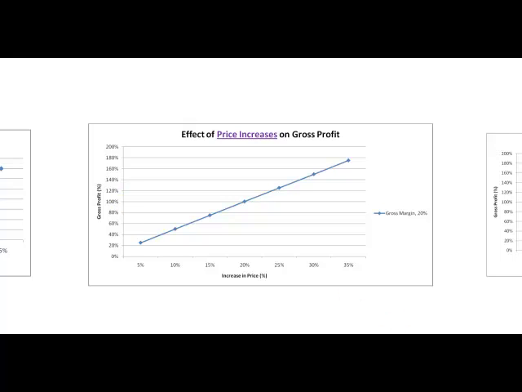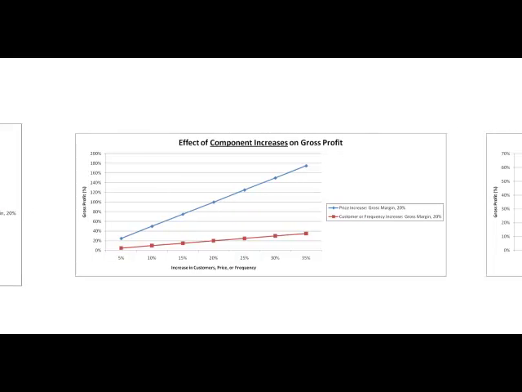Let's take a look at another look at this in perspective. So let's look at all three variables that we've covered: increasing the number of times people buy, increasing your fees, and increasing the number of people who buy. So, for this example, let's say you have a product or service with a gross margin of 20%. Right, this graph shows what happens to your gross profit when you compare the increases in price versus increases in frequency or number of times people buy.